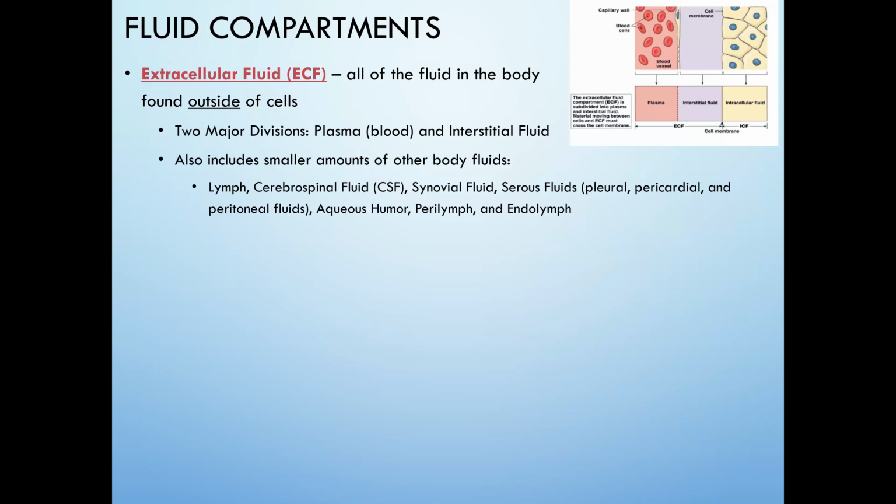These two large compartments are separated by the presence of a cell membrane, the cell membrane that is around each of our cells. The fact that we have a cell membrane and active transport, so we can pump solutes in one direction or another, allows the composition of the ECF to be very different from the ICF.